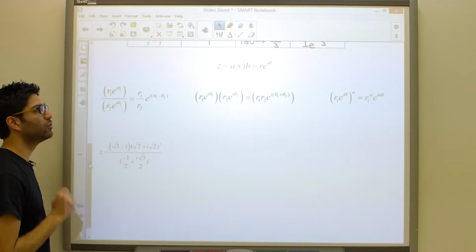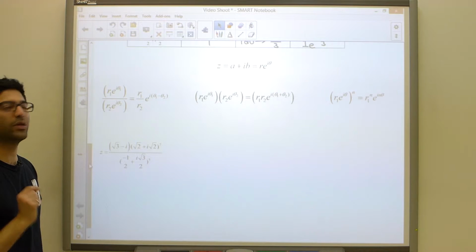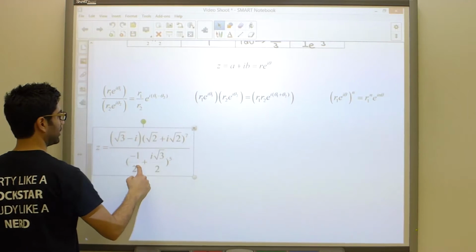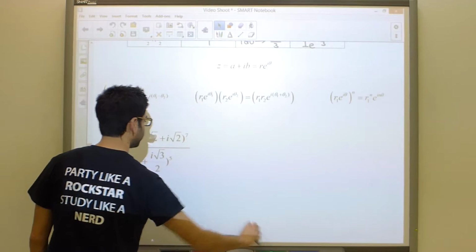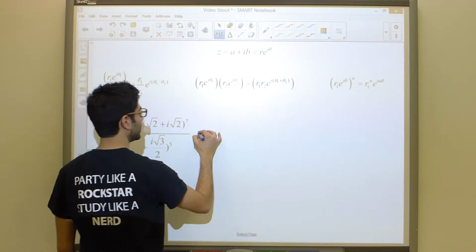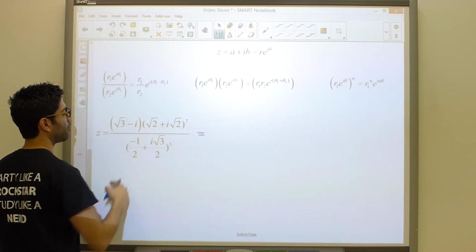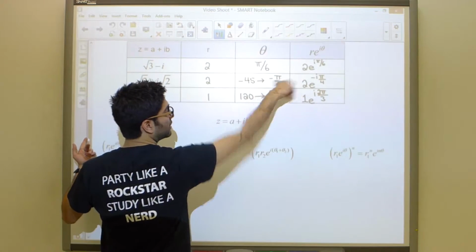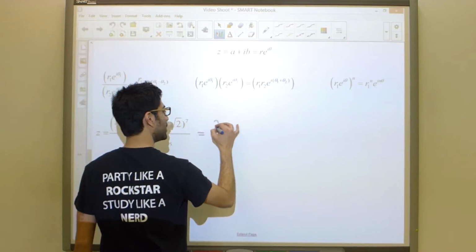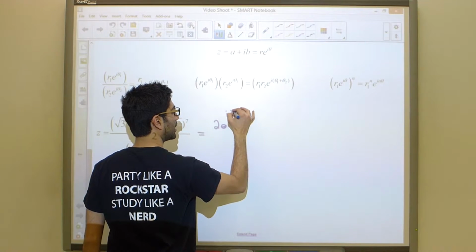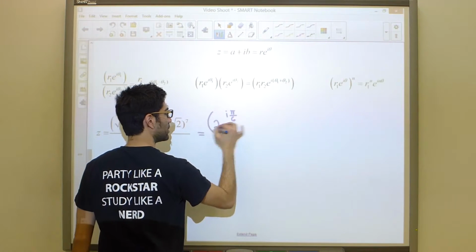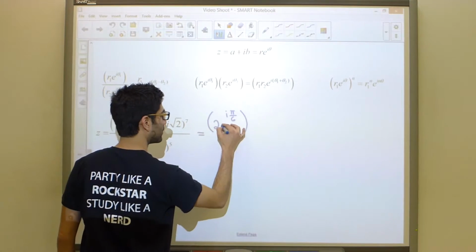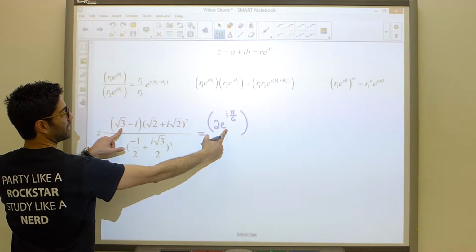If we understand these 3 rules, guys, take a look at how easy this problem is going to become. It was once a very difficult problem. Let's see what we are going to do with it. First things first, I'm going to rewrite this in polar form. Remember, for the first one, r was 2. In polar form, it's 2e to the i pi over 6. This and this are equivalent, guys.